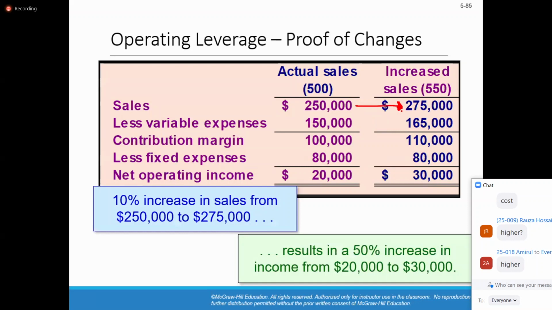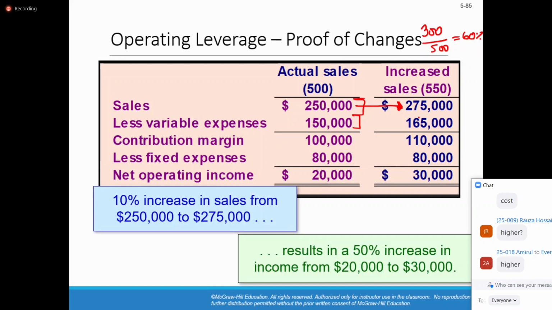And as for our variable expense, there is a relation, how much is our variable expense? It comes from 300 over 500. So 60% is our variable expense.